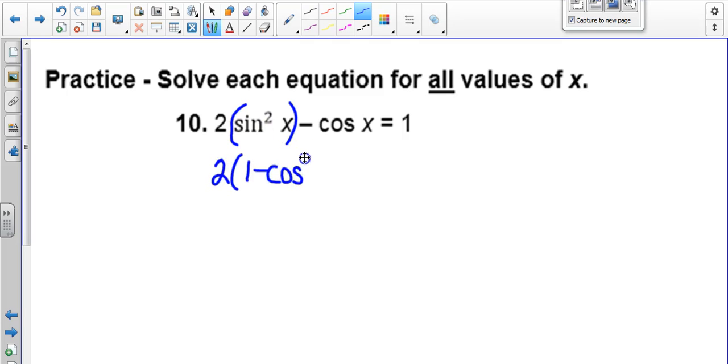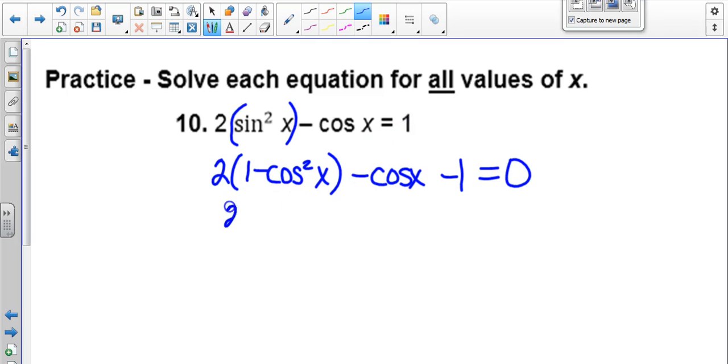If I trade sine squared for 1 minus cosine squared, now maybe I can factor because I'm down to only cosines, right? Let's see what happens. I move the 1 over.